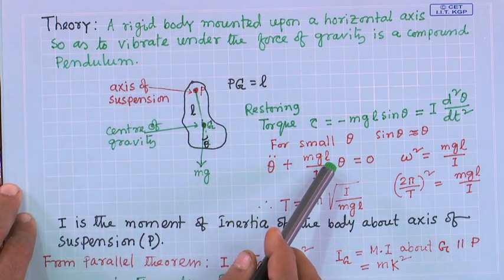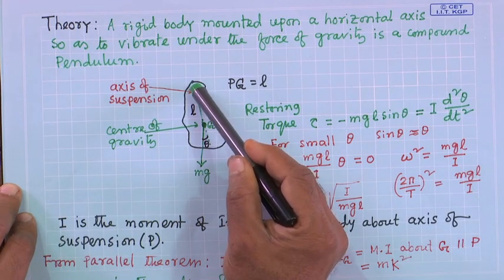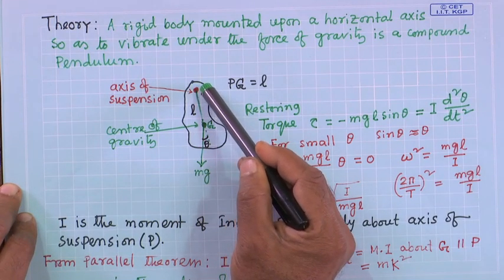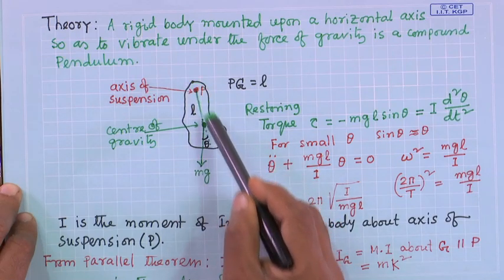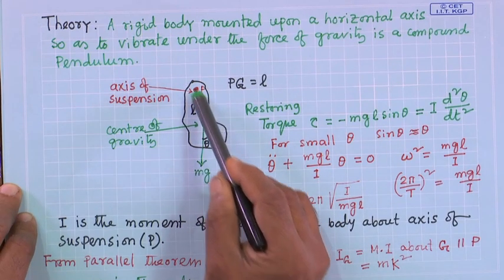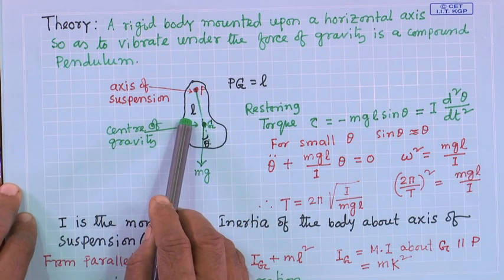Now, this gravitational force will act downwards, mg, if m is the mass of this body. If you connect these two points P and G, this length is say small l.